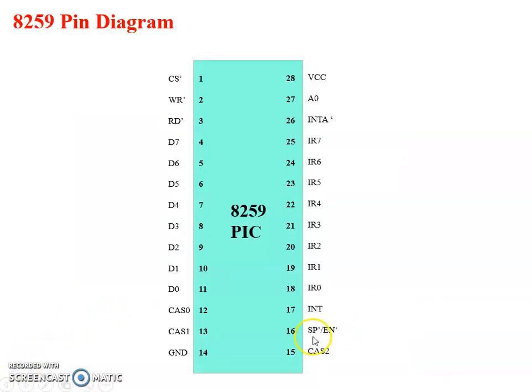Then the next pin is SP bar slash EN bar. It is slave program slash enable. It is an active low bidirectional control line. In non-buffered mode, it functions as the SP bar input line. In this mode, SP bar is used to distinguish between master and slave PIC.